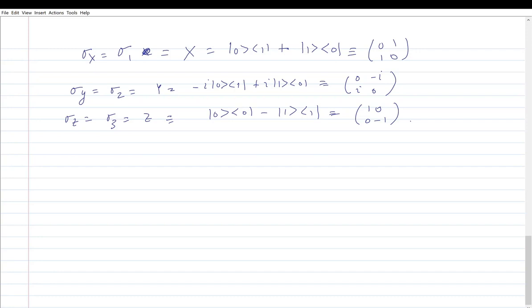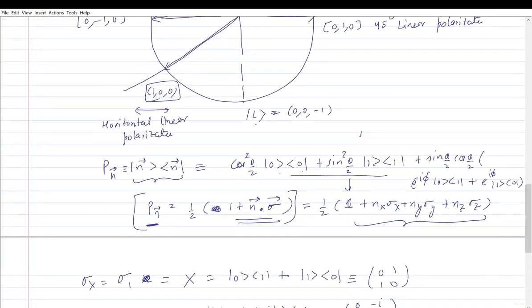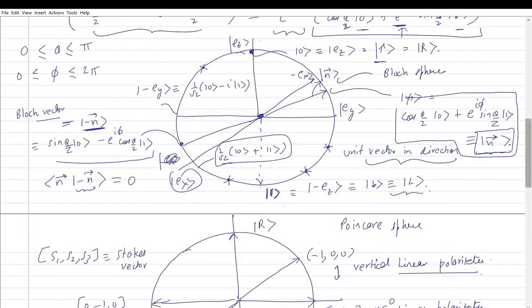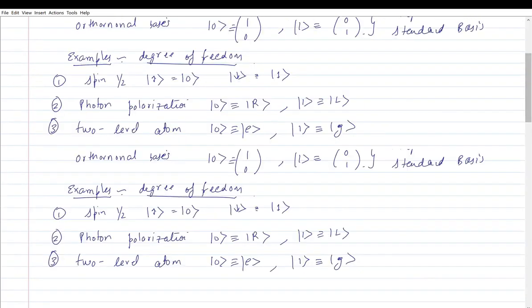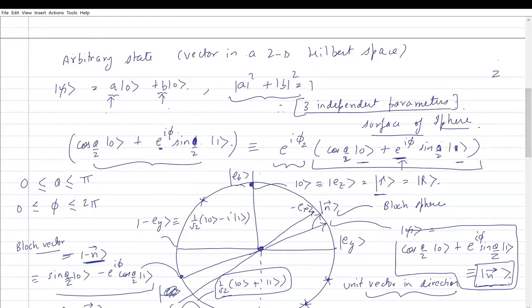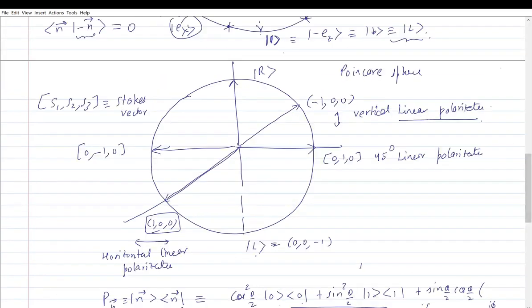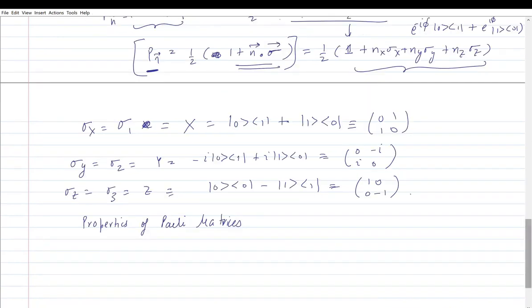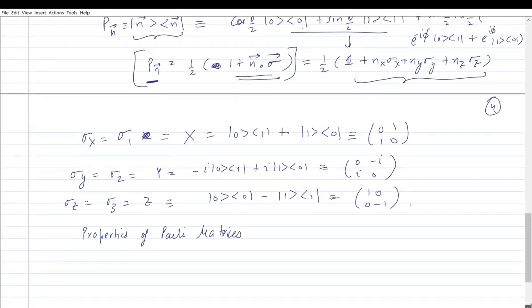Okay, so what are the properties of these Pauli matrices? So essentially, I request you guys to play around with Pauli matrices and outer products in the Bloch sphere just to get a feel of these things.